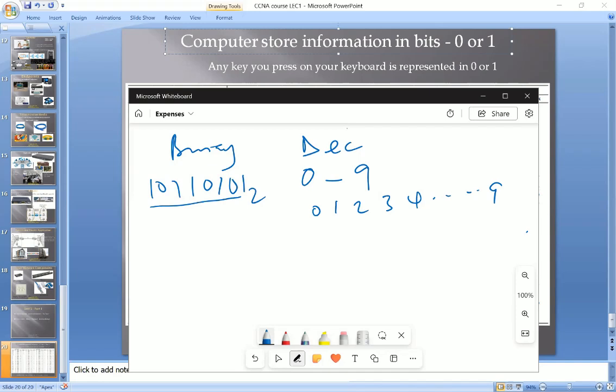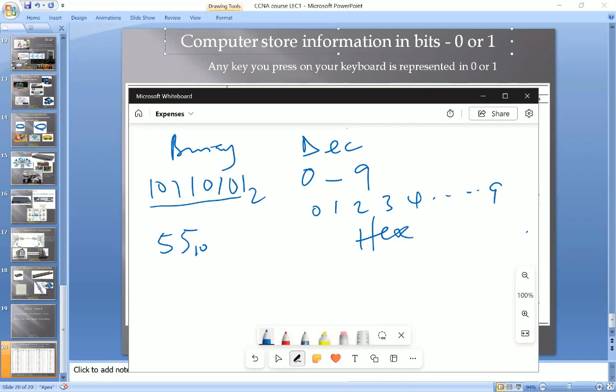Okay, and we have hexadecimal. Decimal is in base 10. So if I write 55 for instance, and I put 10, that means the decimal number is in base 10. The third one is hexadecimal. That one is in base 16.